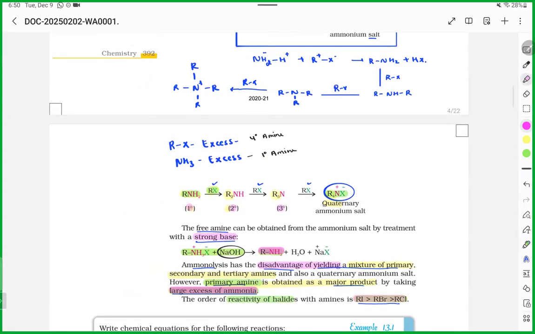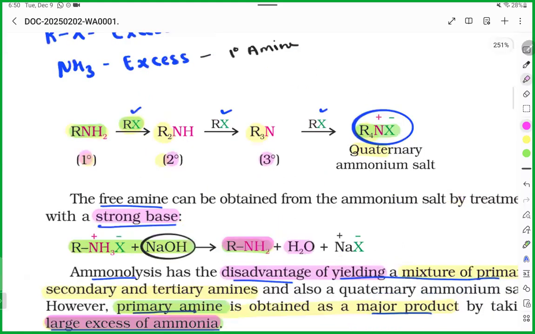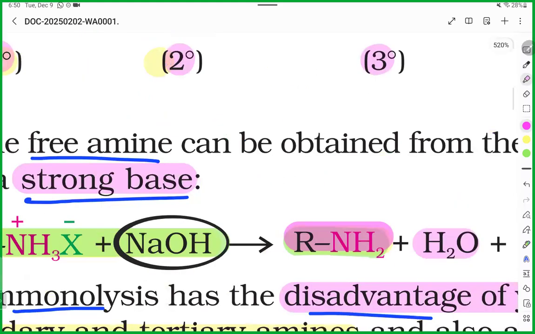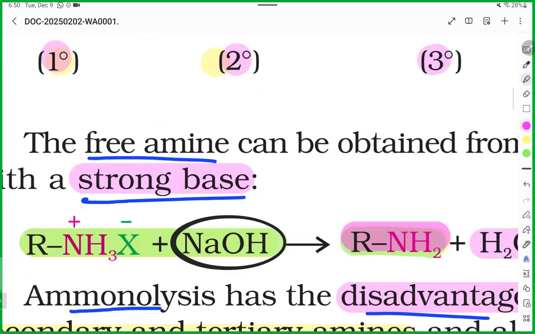In this reaction, even if salt forms, it helps in the removal of water.